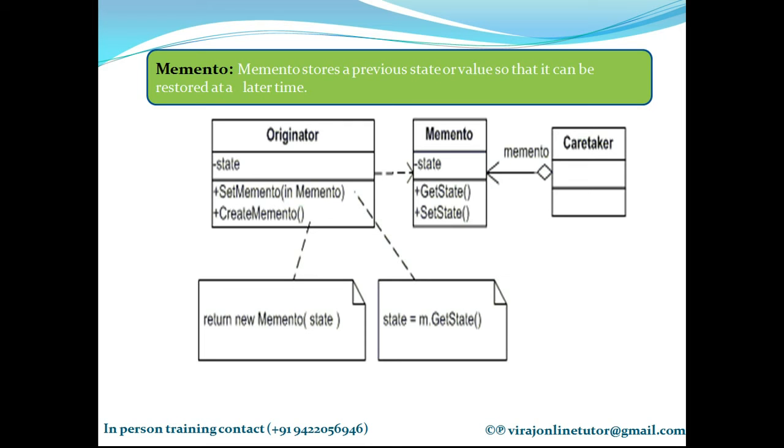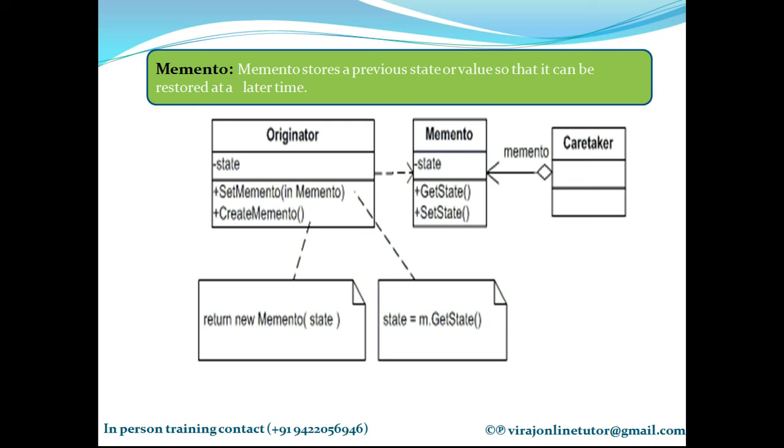The memento pattern is a software design pattern that provides the ability to restore an object to its previous state via undo or rollback operations. The memento pattern is used by two objects, the originator and the caretaker.